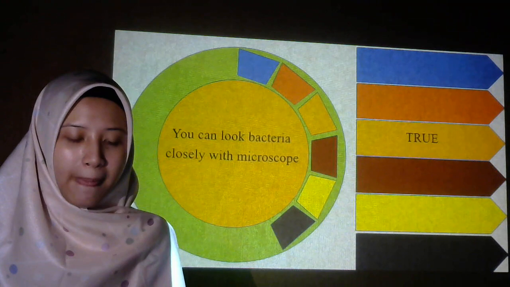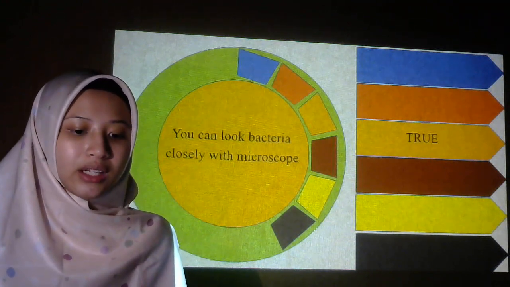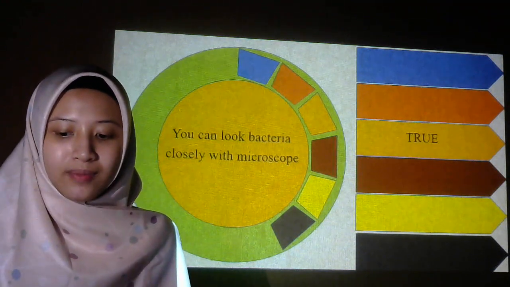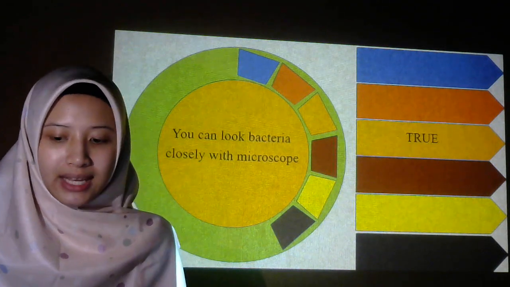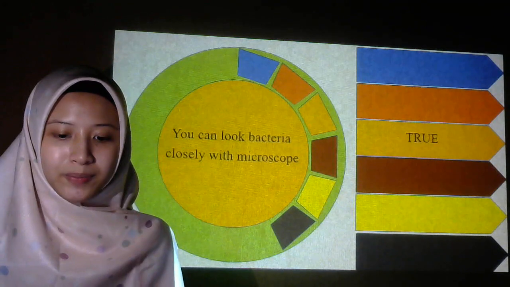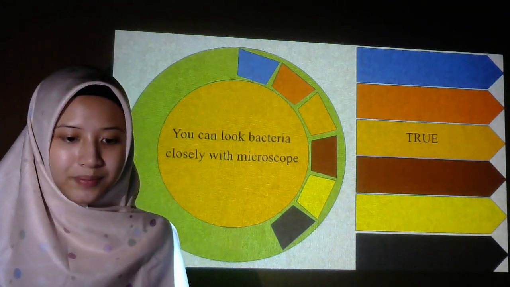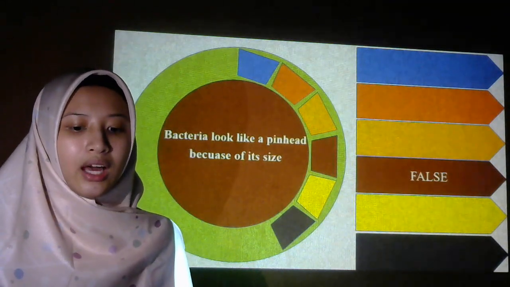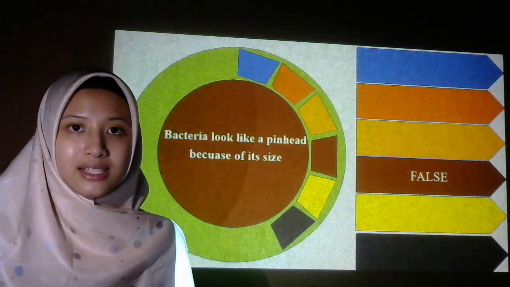Next question. You can look at bacteria closely with a microscope. This is true because it is in the first sentence of the second paragraph. Next, bacteria look like a pinhead because of its size.